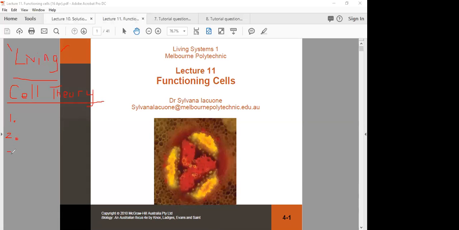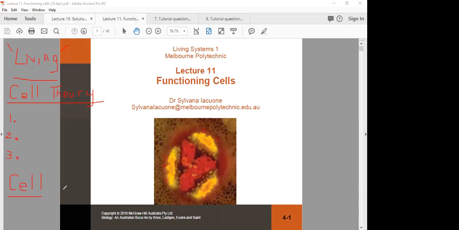All right, number three. The cell is the basic unit of life. Where we saw that the atom is the basic unit of all matter, the cell is the basic unit of life. So that raises the question, how do we define a cell so that it's distinct from the cell in your car battery?